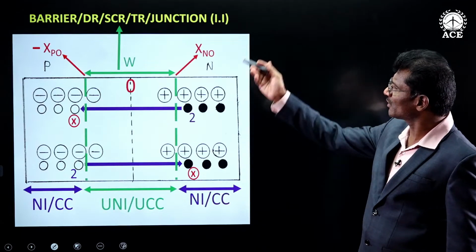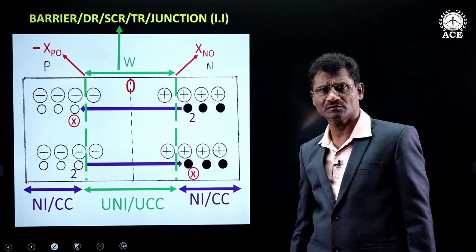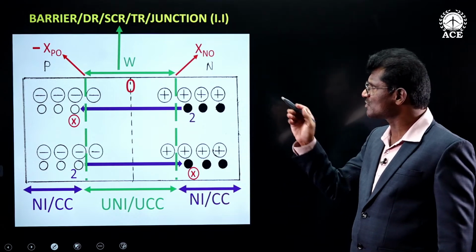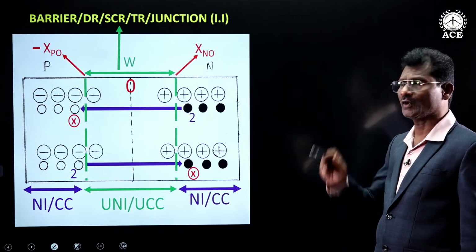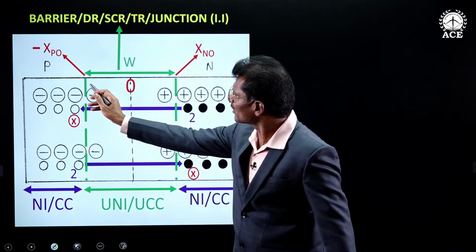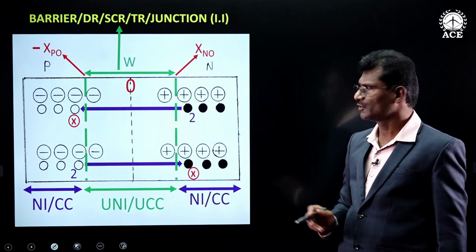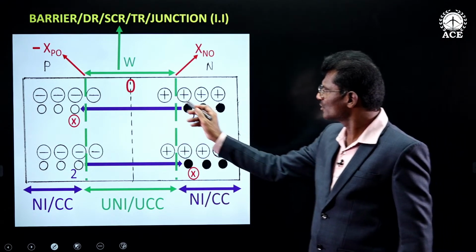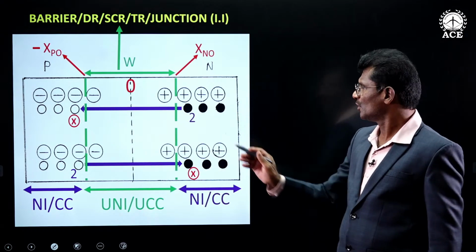You can observe in this diagram some voluminous notations are given, and none of these notations need to be learned by heart. I'll explain them one by one. You can observe some dotted green lines. Within those dotted green lines we have positive and negative ions.